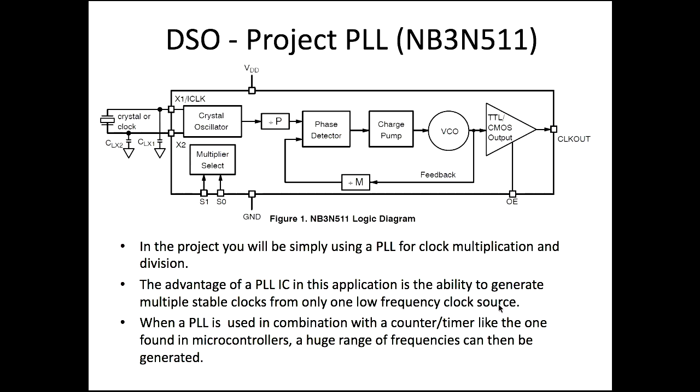That's an application of the PLL. When a PLL is used in combination with a counter timer like one found in microcontrollers, a huge range of frequencies can be generated. Please remember that in the PLL there will always be 2 pins like S0, S1. Using those, you can select the multiplication.